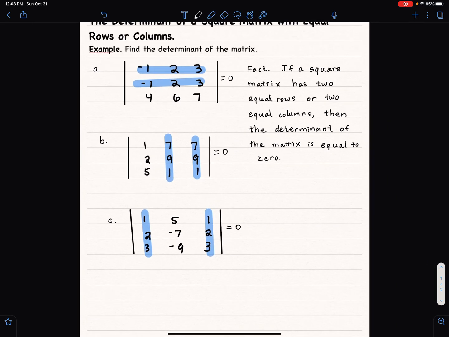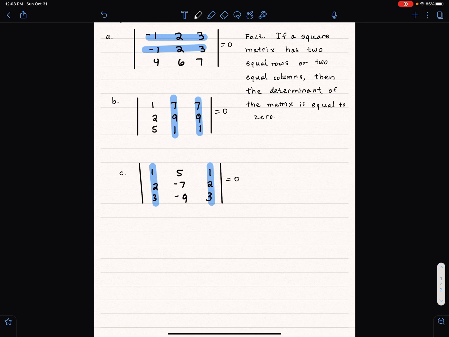I'll do a very quick explanation, but the explanation requires us to know something that's not covered in this video. But for part C, if we add -1 times column 1 to column 3, now for any square matrix, if you take a column, multiply by a number, and add it to another column, it does not change the determinant.